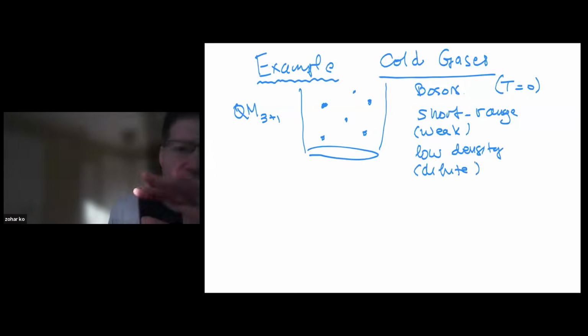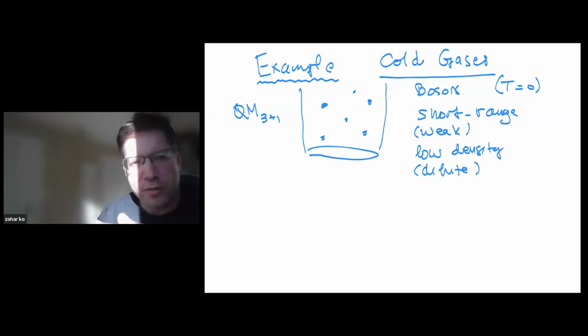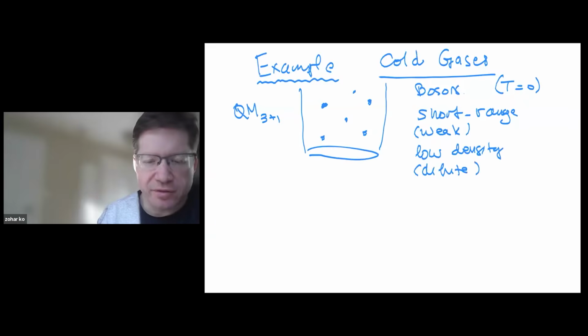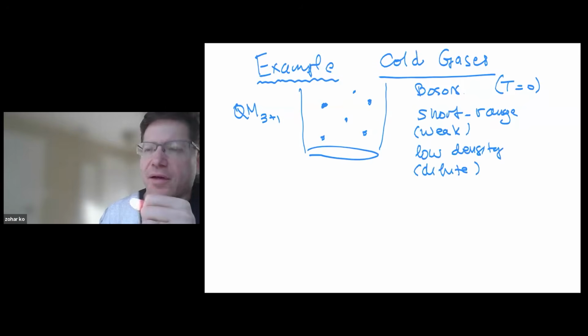If you go to zero temperature, quantum particles behave very differently from classical particles, and even at very low densities of just a few 100,000 particles over a macroscopic bucket, which is 15 orders of magnitude lower than the typical density that you encounter in real life, the phase of the system will be very different.